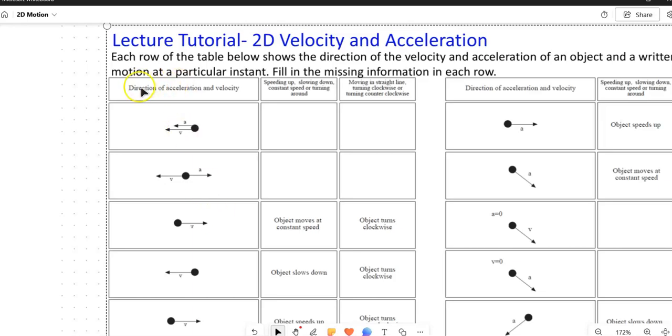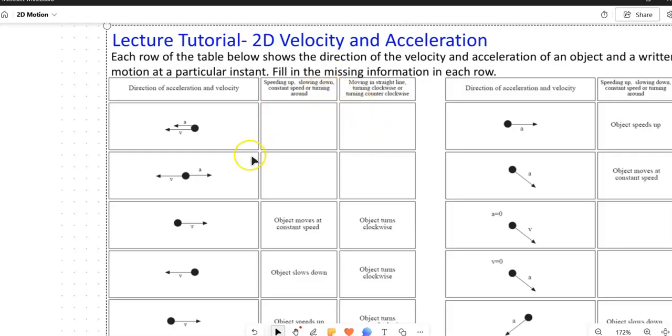So you need to fill everything out, given what you have. In this case, we're given both the acceleration and velocity vectors. That means we have to fill out whether it's speeding up, slowing down, or turning around, or moving in a straight line, turning right or clockwise, or turning left, which would be counterclockwise.